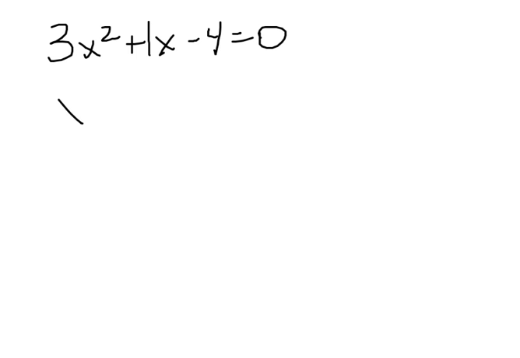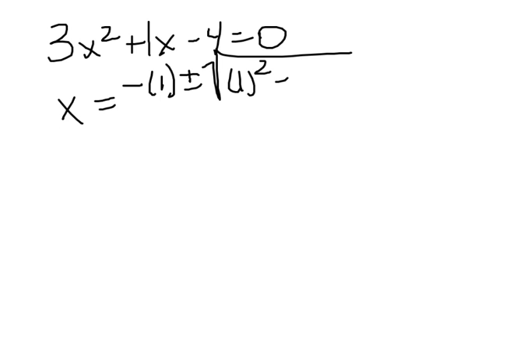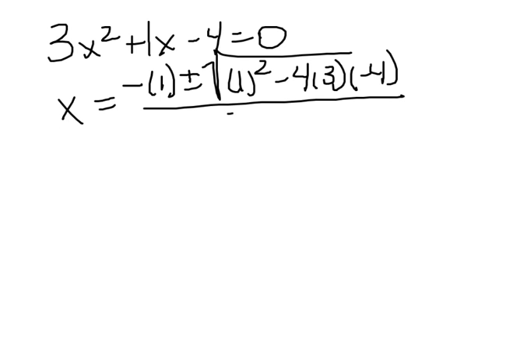So x equals negative b plus or minus square root of b squared minus 4ac all over 2a. So that's really negative 1 plus or minus the square root of 1 squared is 1.